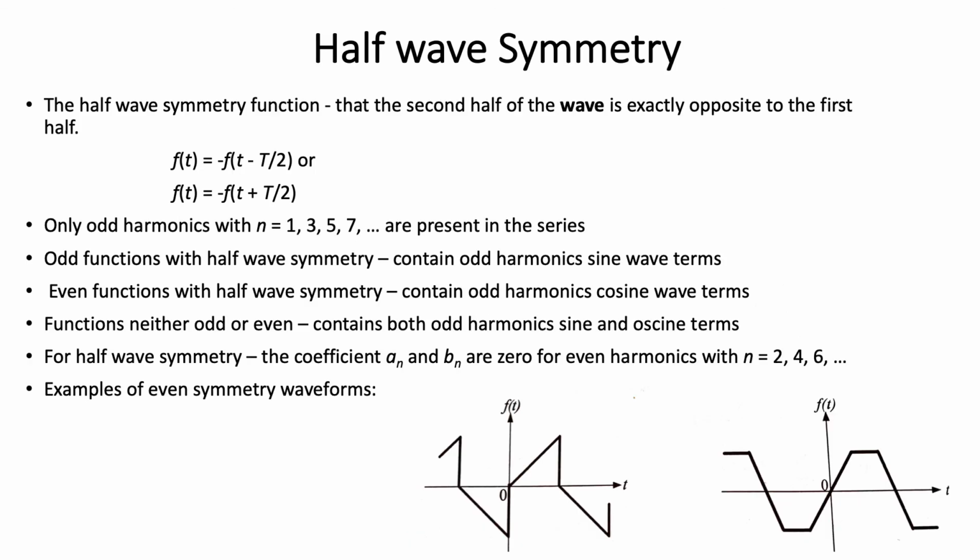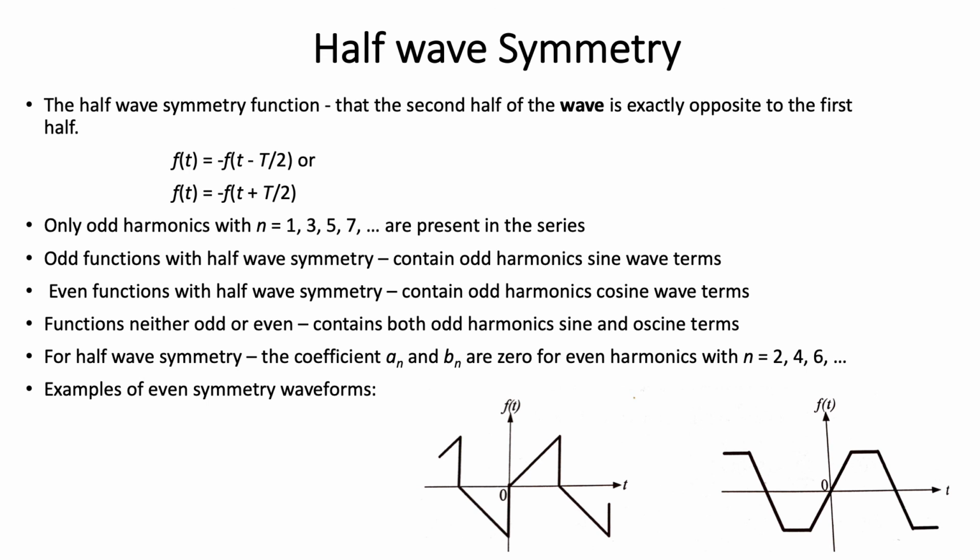The half-wave symmetry is where the second half of the wave is exactly opposite to the first half. The equation is f(t) equals minus f(t minus T divided by 2), or f(t) equals minus f(t plus T divided by 2). Only odd harmonics with n equal to 1, 3, 5, 7 are present in the series.